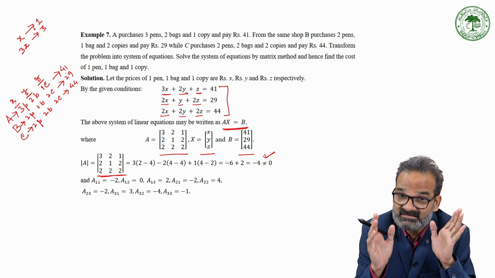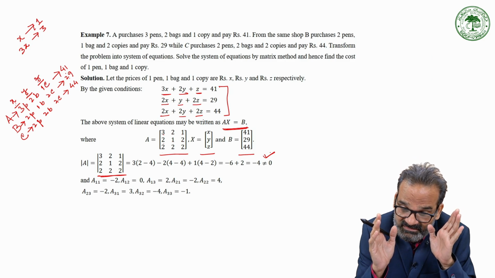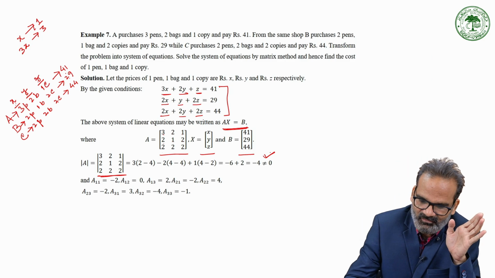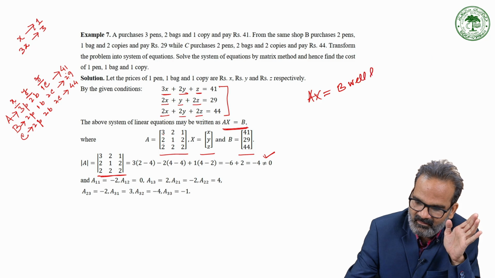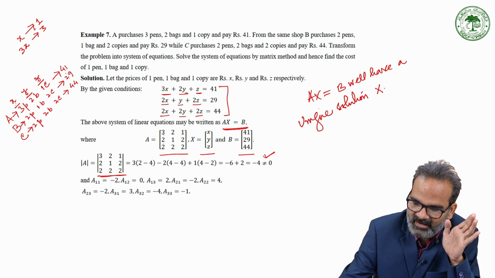The matrix is non-singular. Therefore, the system Ax = B will have a unique solution that is given by X = A inverse B, if determinant of A is not equal to 0.